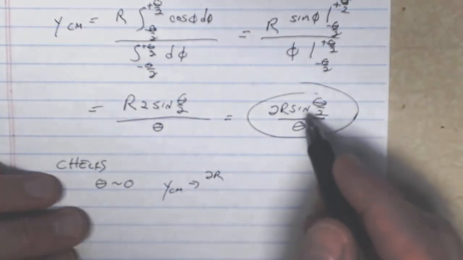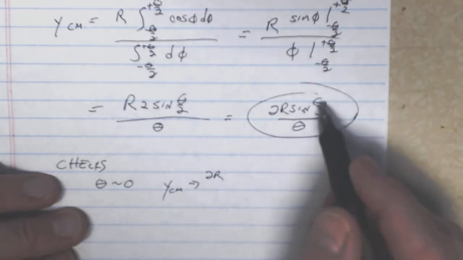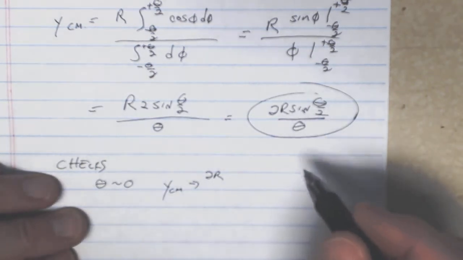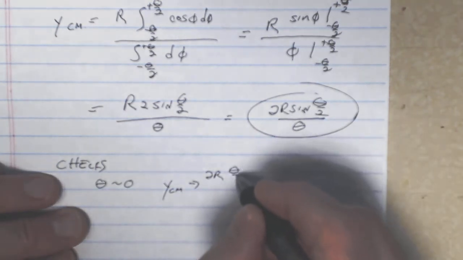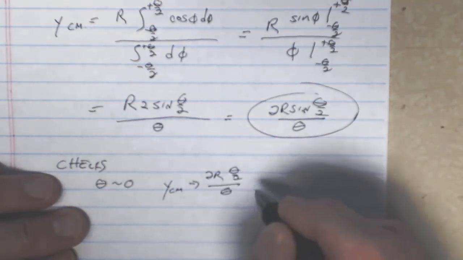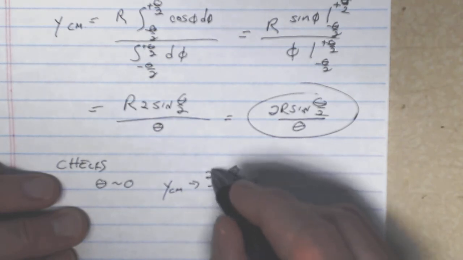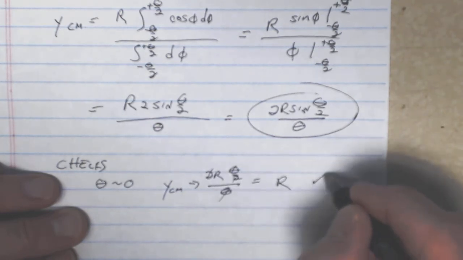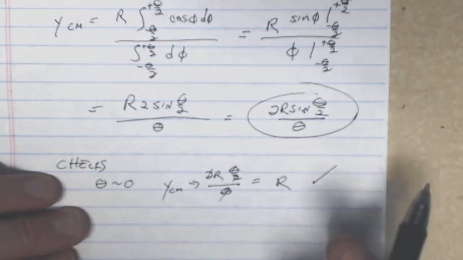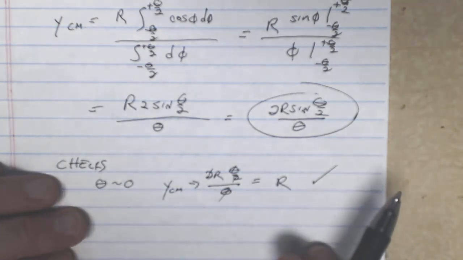We can use the small angle approximation, that for small angles in radians, the sine of the angle equals the angle itself. So this just becomes theta over 2 divided by theta. Thetas cancel, 2's cancel, r.